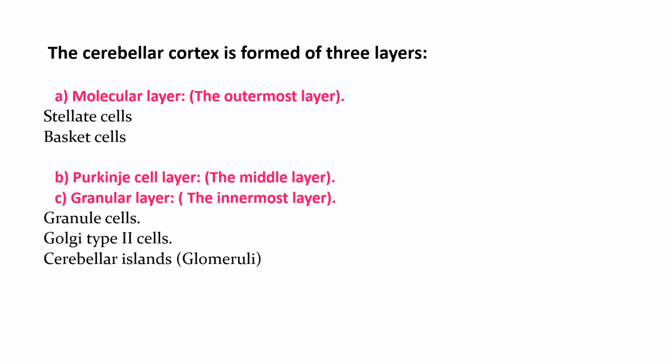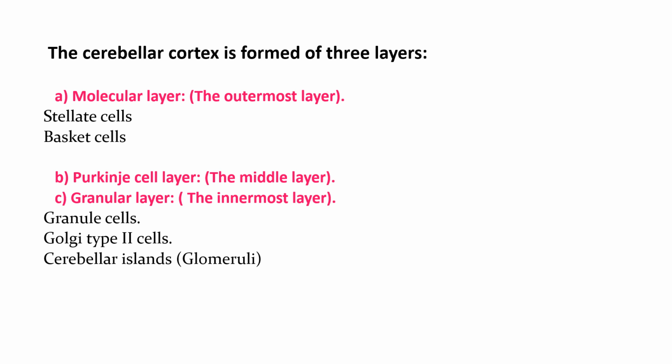As regards the composition, it contains three components. First, granule cell. Second, Golgi type 2 cell. And the third one is a very important structure present inside this layer, which is the cerebellar islands or cerebellar glomeruli.